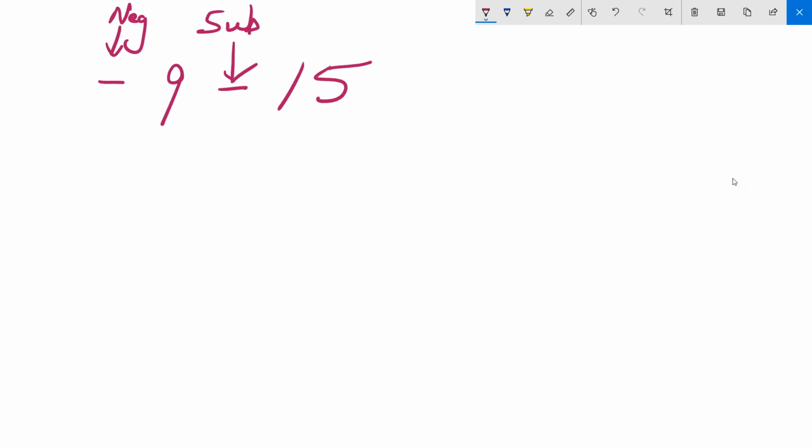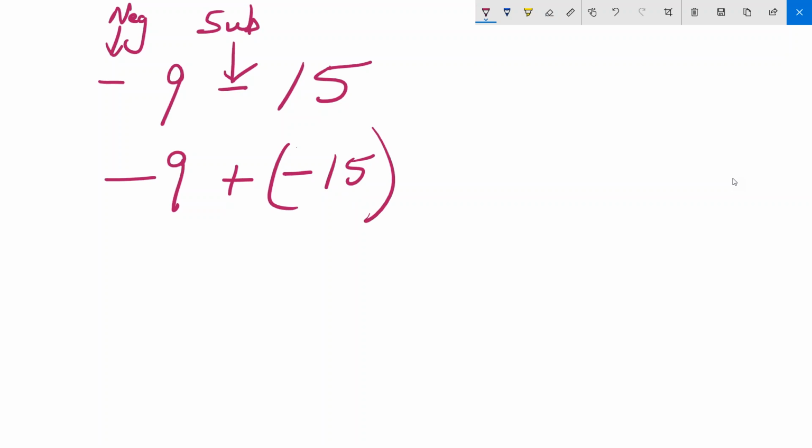So the way I'm going to do this problem is I'm going to turn the subtraction into an addition. In order to turn it into an addition, I've got to change the sign on the number that was being subtracted. In other words, that's the same thing right there as what we have immediately above it.